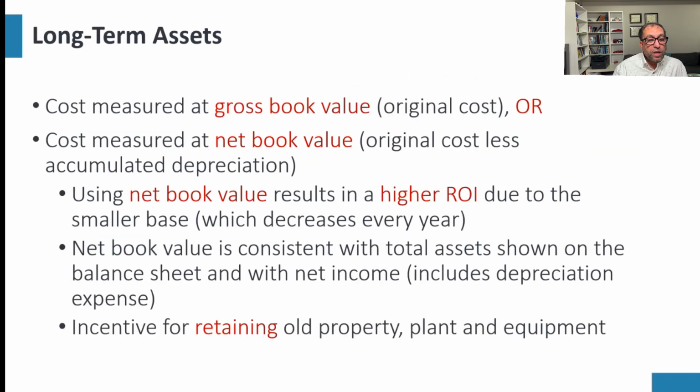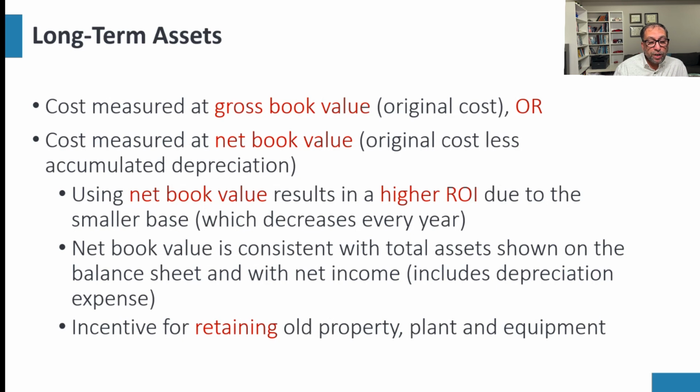Then come the long-term assets, with cost measured at gross book value, the original cost, or at net book value, the original cost less accumulated depreciation, just as I mentioned. Using net book value results in a higher ROI due to the smaller base. Net book value is consistent with total assets shown on the balance sheet, and the net income includes depreciation expense.